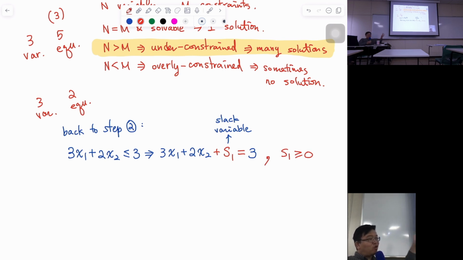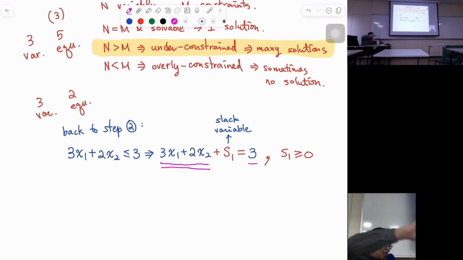If the slack variable equals 0, then this part equals 3, right? If S1 is positive, then this part plus some positive value equals 3.